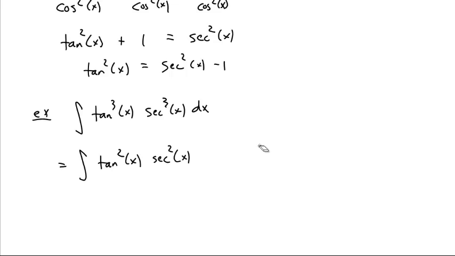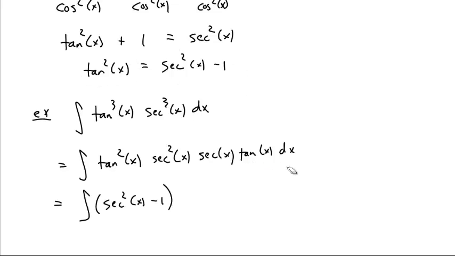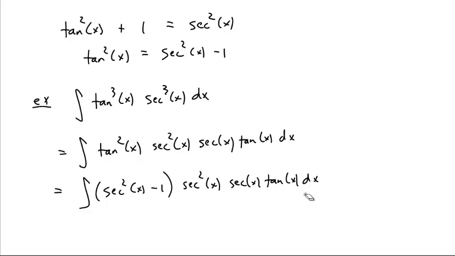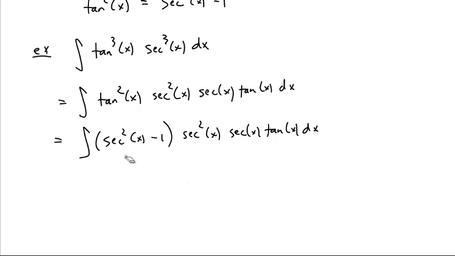We split it up so we have 2 tangents, 2 secants, and then the other 2. And if I can turn both of these tangents into secants, or at least secant squared minus 1, like so, and leave everything else the same, then I can set u equal to secant.